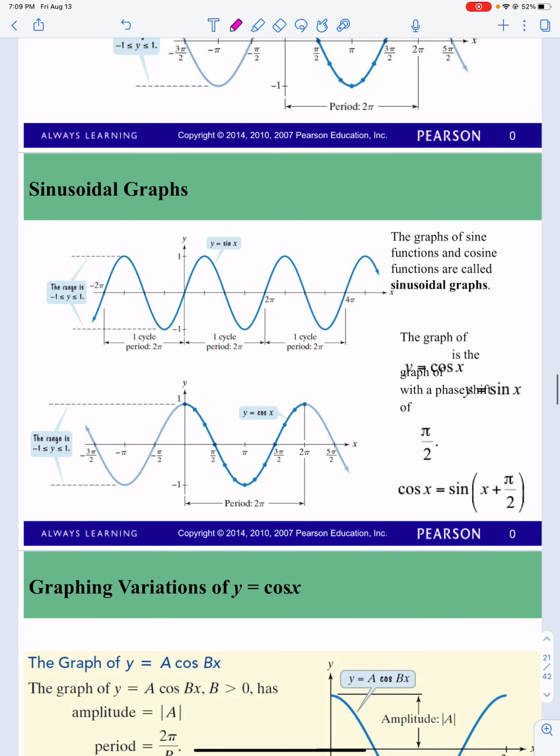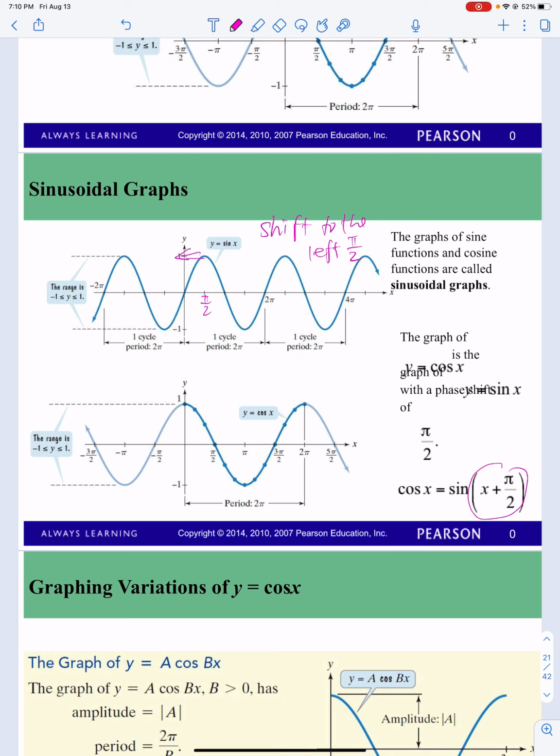Okay, and actually what do you notice? Your cosine x is actually your sine x shifted to the left by pi over 2, because here is what? Pi over 2, yeah? So if we move the picture by pi over 2, it's right here.